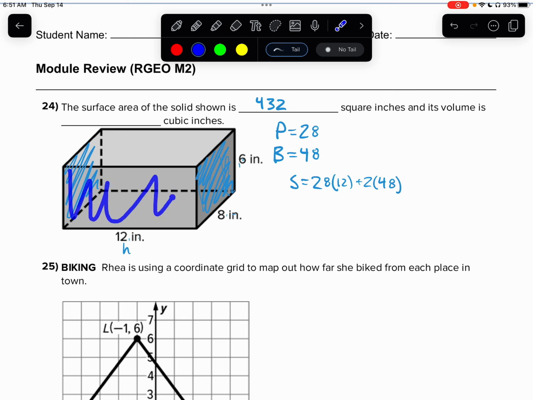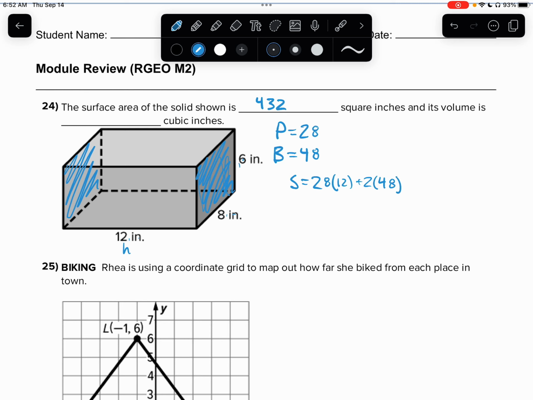This one and this one are the same, and that would be the 12 times the 6. And this one and this one are the same, and that would be the 12 times the 8. So you can just do 2 of the 12 times 8s plus 2 of the 6 times 8s plus 2 of the 12 times 6s, and that would be the same thing. And that would get you 432 as well. That's a slightly simpler way to calculate surface area.